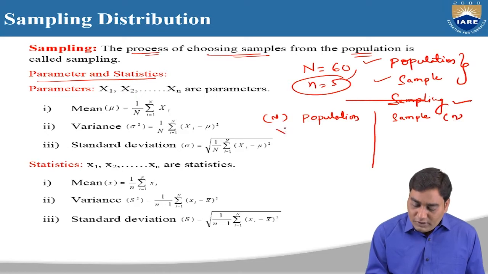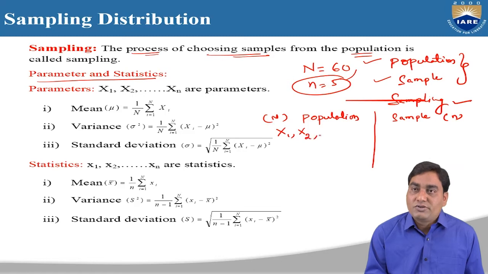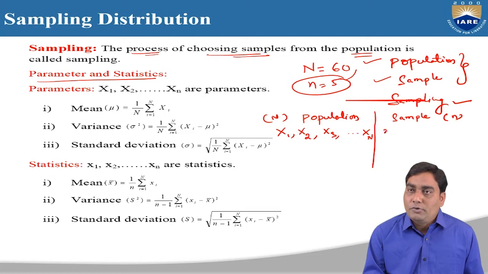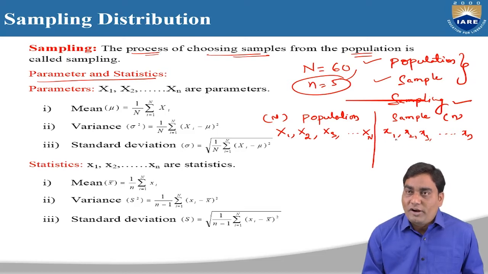I consider the populations as capital X1, X2, X3, and so on, capital XN. Similarly, samples I am going to take with small x1, x2, x3 and so on, small xn. The capital X1 to capital XN are populations and small x1 to small xn are samples.